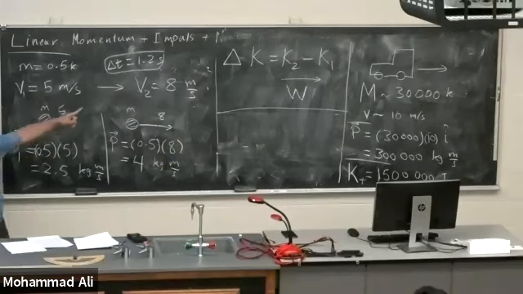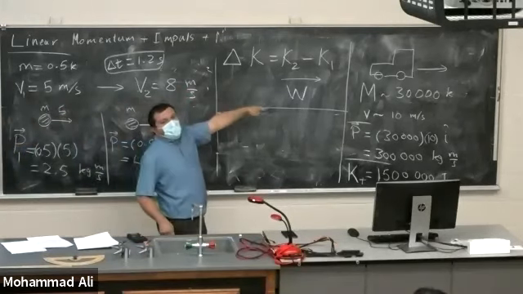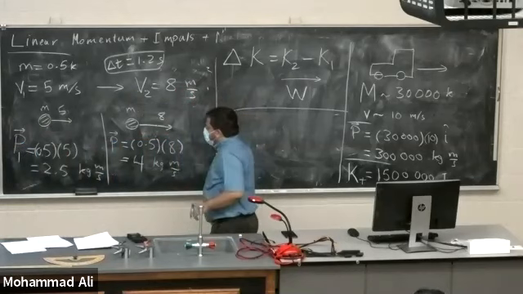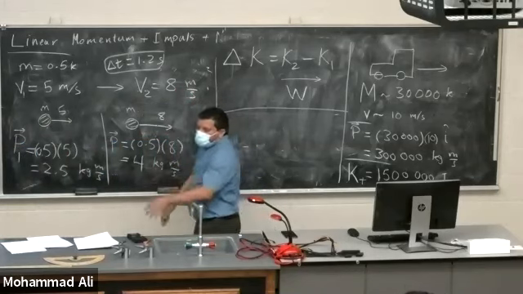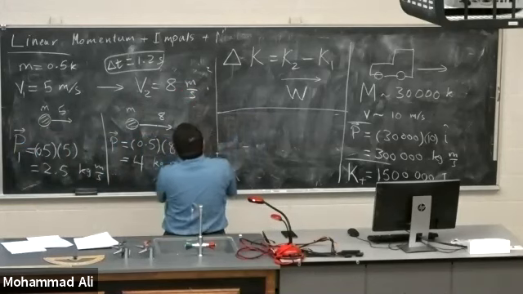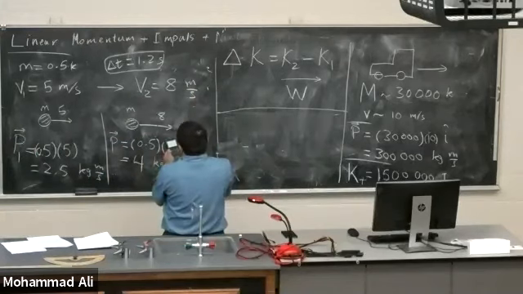Let me just compute the kinetic energy to find the work. We know the kinetic energy relation, it is 1/2 mv squared. The mass is 1/2, v squared, the first velocity, 25.